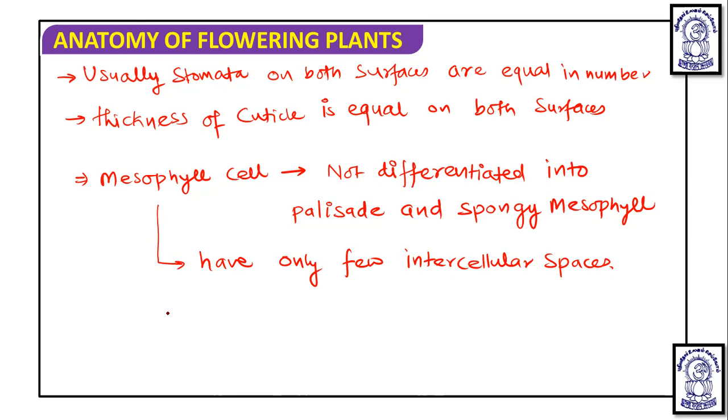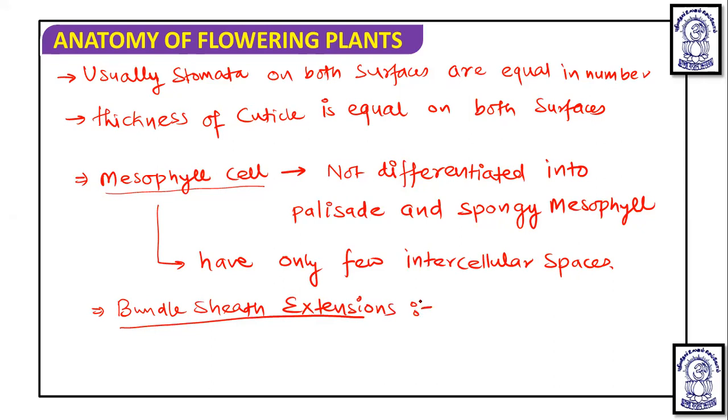Okay, now if we talk about this in more detail, particularly the isobilateral leaf, you will see two distinct patches of sclerenchyma in the form of bundle sheath extensions.